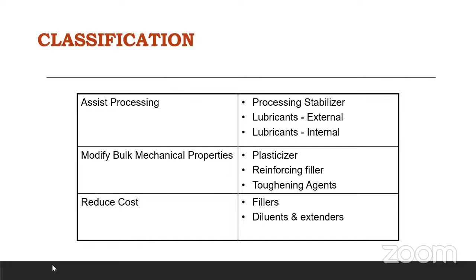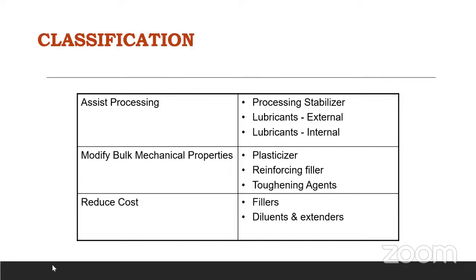Then again, lubricants, which can be external and internal also. When added during processing, lubricants help in reducing the sticking of your polymer to the metal surfaces. They also help in reducing the friction of your polymer against the metal surfaces during processing.